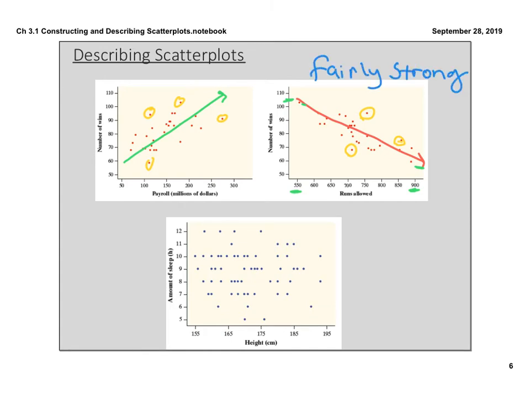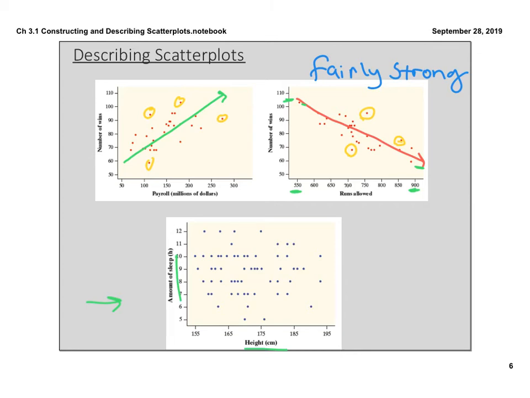Okay. Not necessarily strong or really strong or whatever. If I look at this one down here, this graph right here, what's happening in this pattern? I have no idea. I couldn't tell you. I don't see any relationship. It says the height and the amount of sleep. So you're trying to determine, is there any sort of relationship between your height and the amount of sleep that you get?